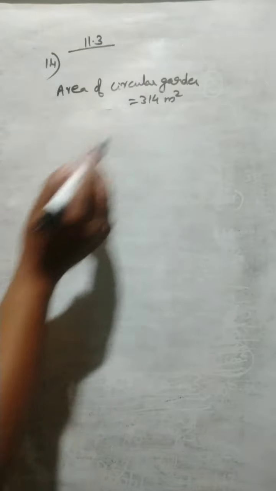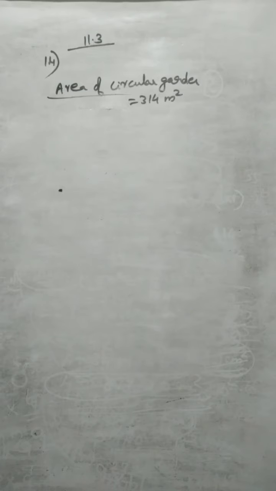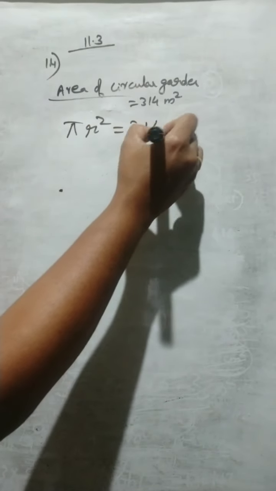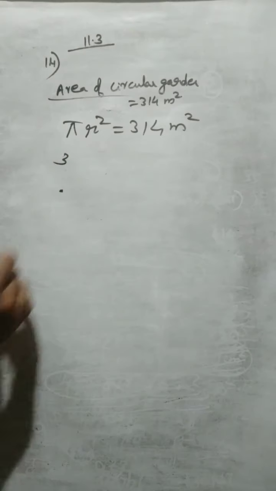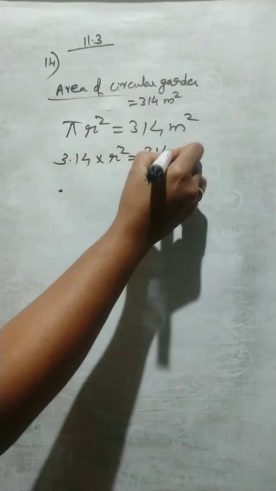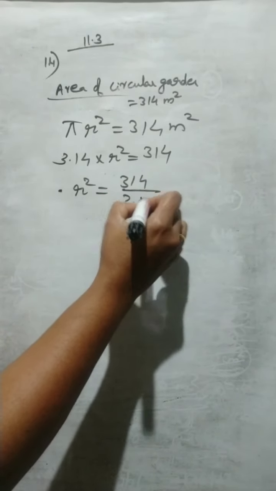So, first the area of this garden is given. Then by using this, we can find the radius of this garden. That is pi r square is equal to 314 meter square. Using 3.14 multiplied by r square is equal to 314. Then r square is equal to 314 divided by 3.14.